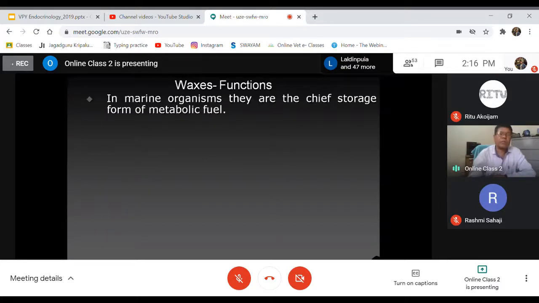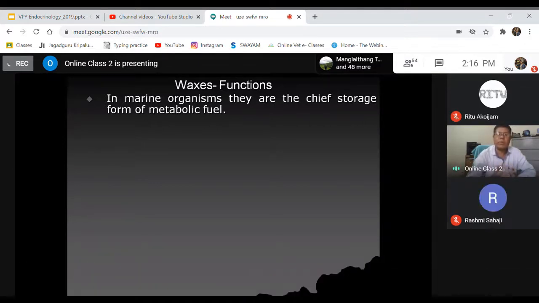First, in marine organisms, they are the chief storage form of the metabolic fuel. In plants or higher animals or terrestrial animals, we have seen that the chief storage form of energy is triacylglycerols, but in marine organisms the chief storage form of energy happens to be the wax.